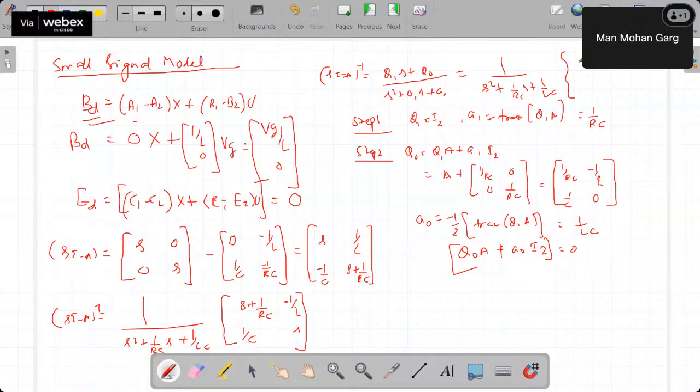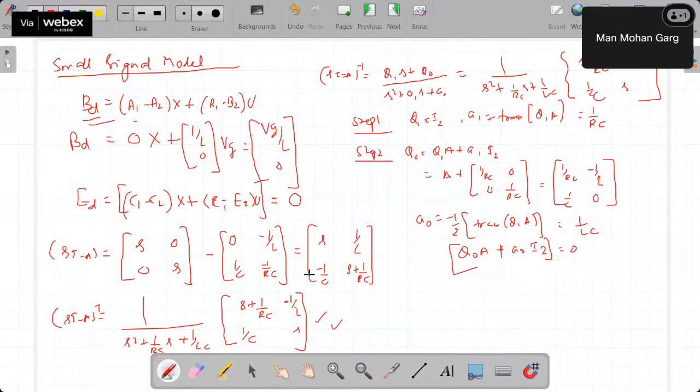So you get s here, s plus this matrix, so plus 1 upon RC, right? Minus 1 upon L, 1 upon C. So what you see here is that this matrix and this matrix are the same. For the second order ideal buck converter, it's quite easy both ways. But if it is higher order, then this second method works well. Okay, so we got (sI minus A) inverse also.